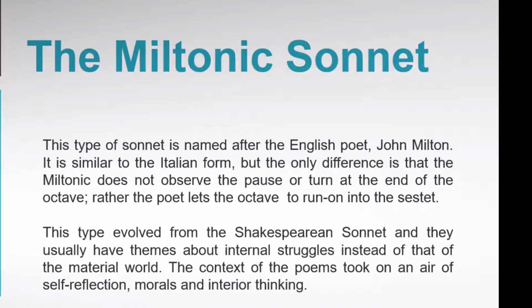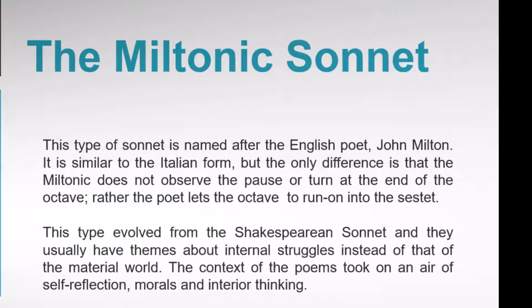Rather, the poet lets the octave run on into the sextet. Okay. With that, it means that we do not observe a pause. In the Italian sonnet, we observe the pause, and we have what we call the volta. Okay, but here we really don't have what we call the volta.